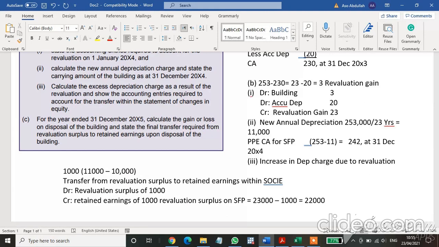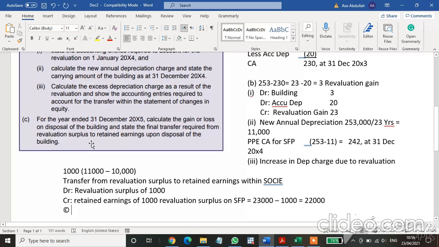Then the last part, C. It says in the question, for the year ended 31st December, calculate the gain or loss on disposal of the building and state the financial transfer required from revaluation surplus to retained earnings upon disposal of the building.